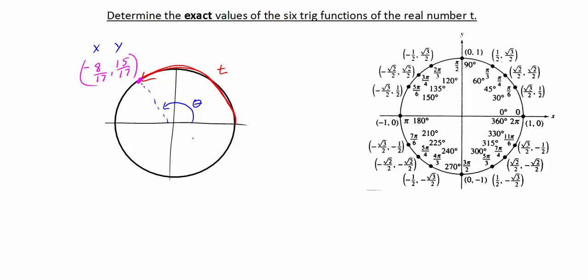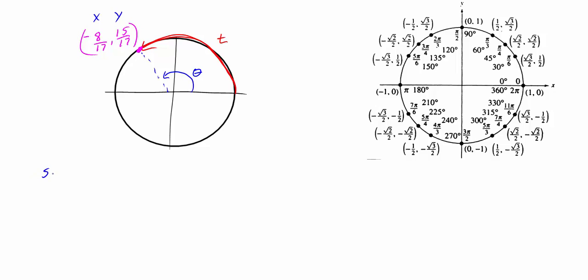And once again, we're talking about the unit circle, so if we want to find the 6 trig functions, and we're looking for the sine of the real number t, then we know from our explanation before of our trig functions that the sine function is equal to our y value. Again, it would be y over r, but because the radius is 1, we know it's just y.